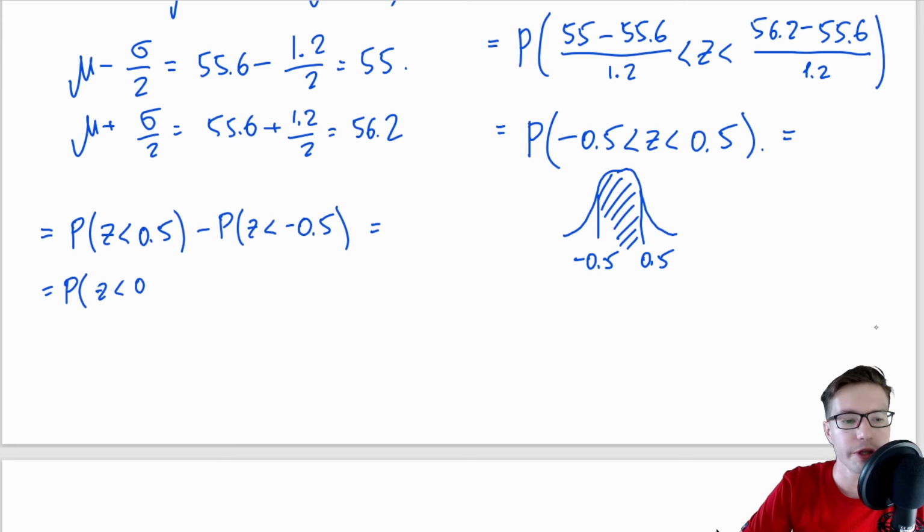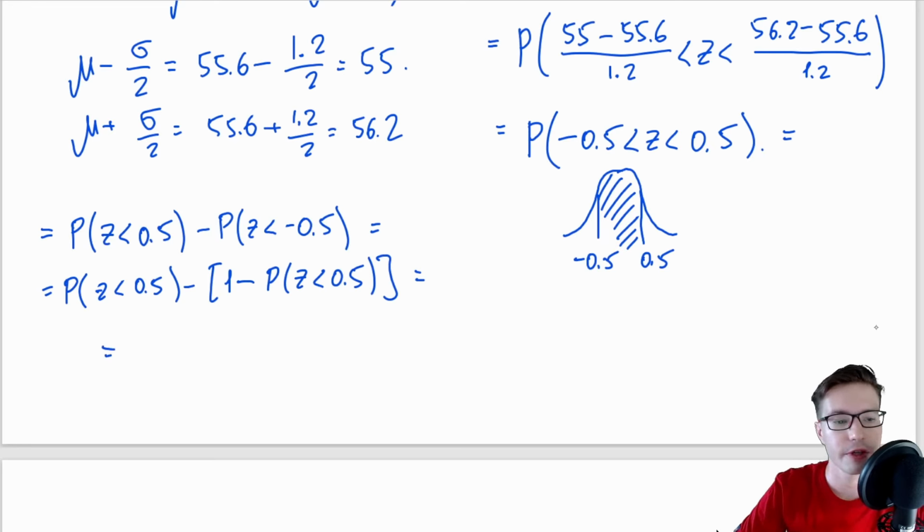So the first one should be easy, and for the second one, we can just replace it with 1 minus the area to the left of positive 0.5. Now we open the brackets, and we get 2 probability of z being less than 0.5, and then minus 1.